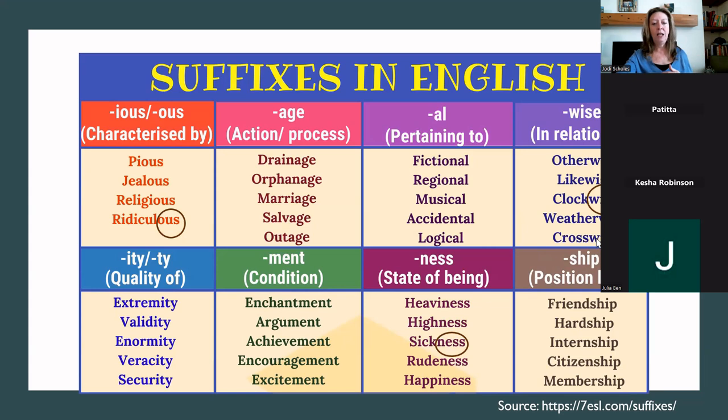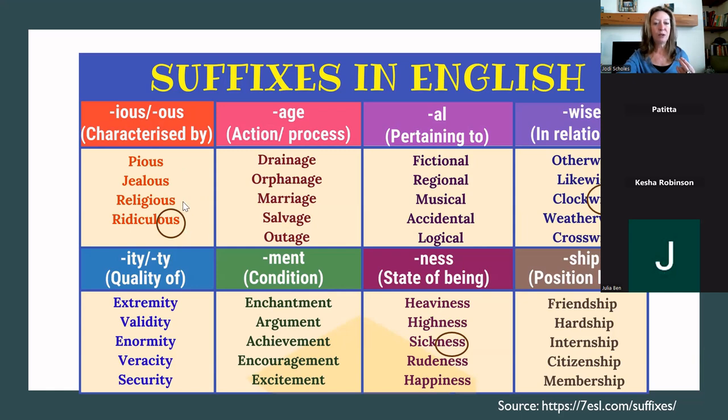Weather-wise. What's happening weather-wise, in relation to? All right. And ness is something we see now and then. It's the state of being. So sickness, it is a state of being. Heaviness, a couch is in the state of heaviness. It's a heavy couch. Happiness, in the state of happiness. And then the OUS or IOUS is a characteristic.